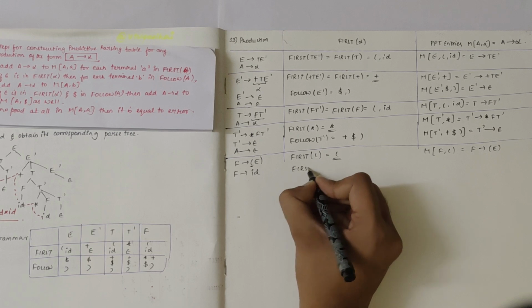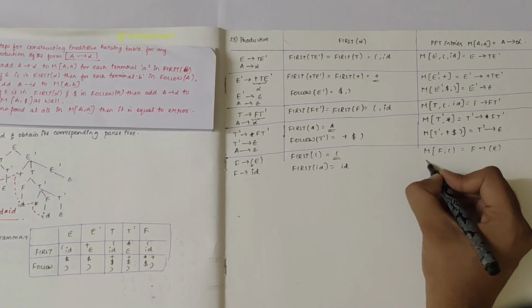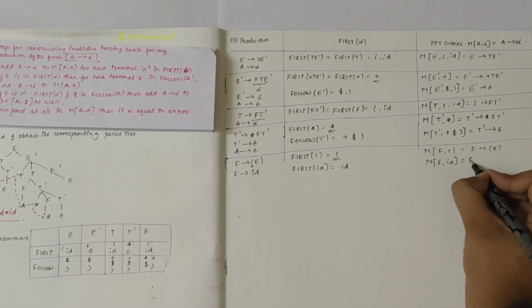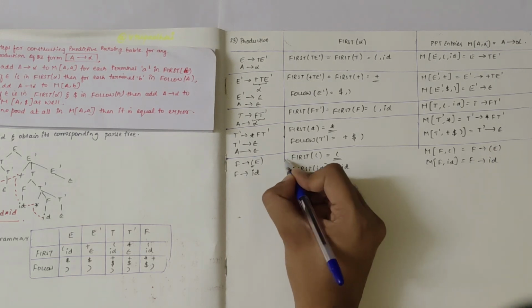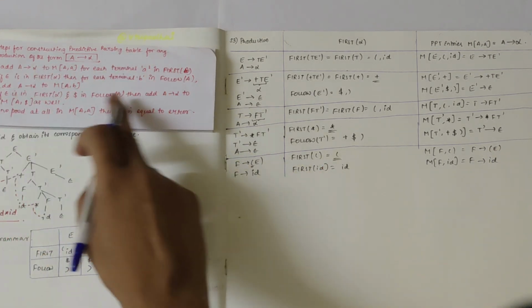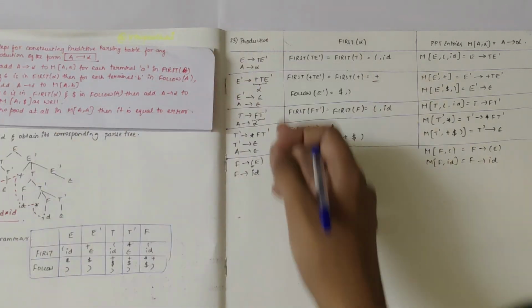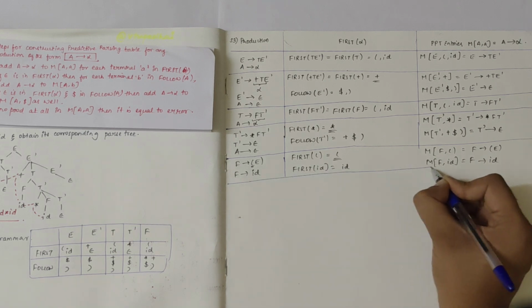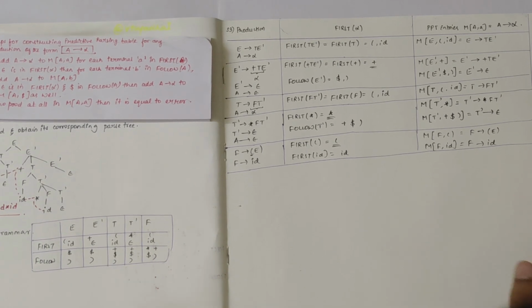So first of ID would be equal to ID itself. So M of F comma ID would give F derives ID. So here we are done with the constructing steps. We have obeyed all the steps and we have constructed the predictive parsing table. So we have obtained all the values which need to be filled in the table.